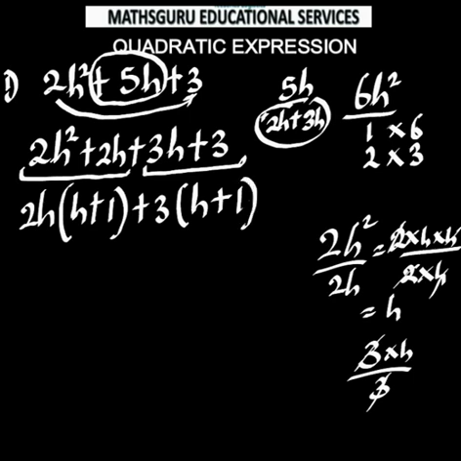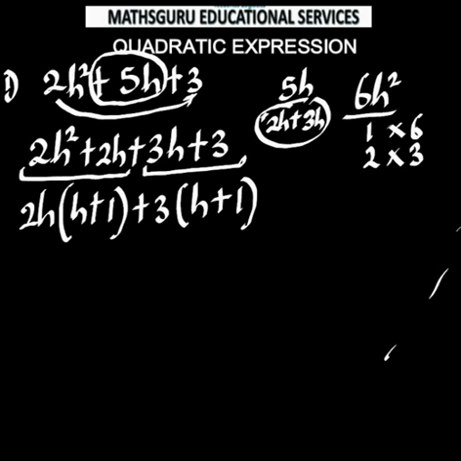Now, if you look at the expression we have here now, we have the same expression in the brackets. So we are going to pick the outside one and pick any of the expressions in the brackets.